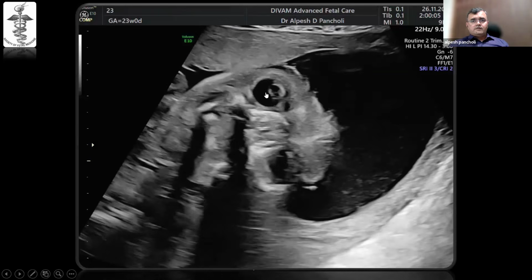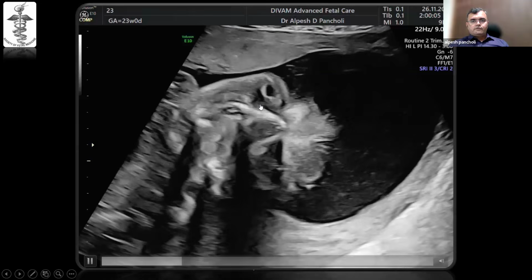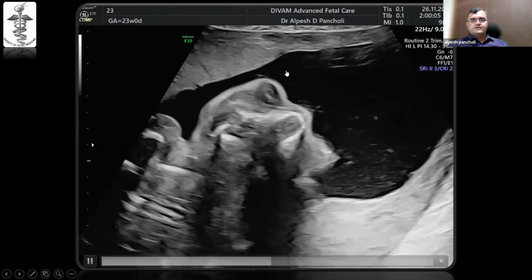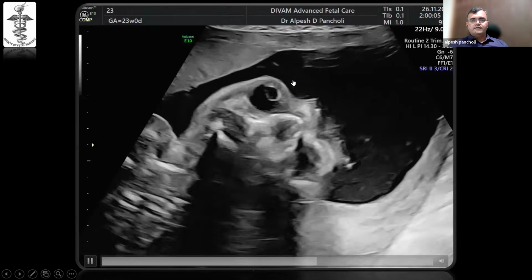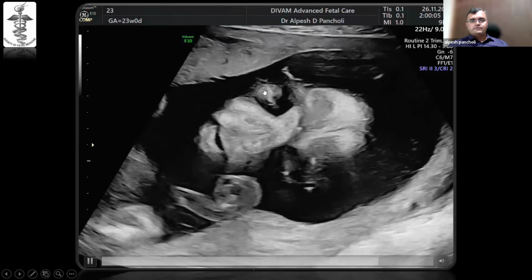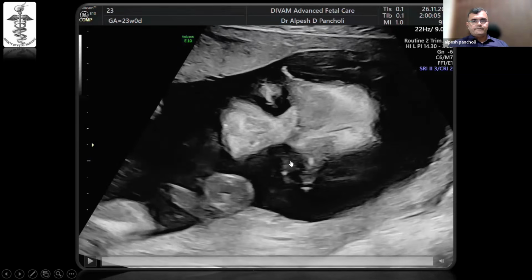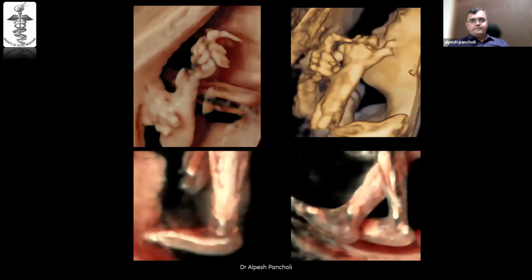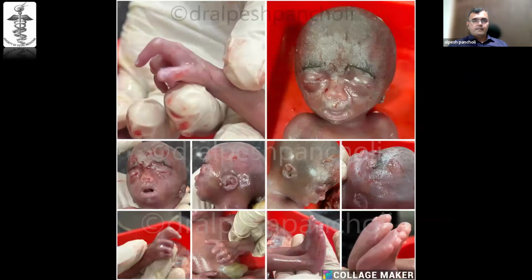To note, when I was evaluating the orbits, here I could see there are prominent eyebrows and long eyelashes as well. In the hands, on the right hand, there is a pointing finger noted, and there were bilateral club feet.